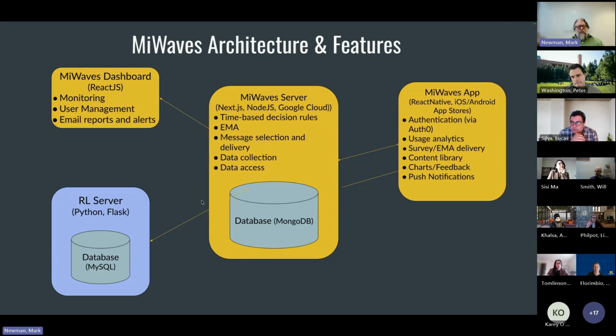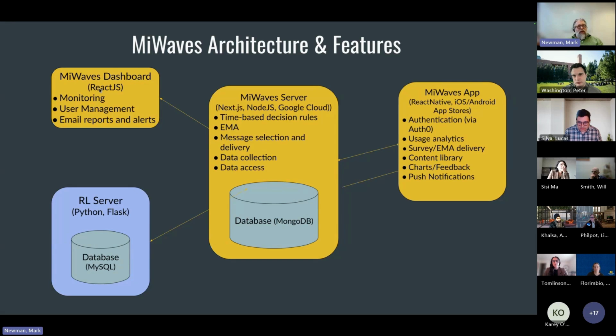Full stack meaning that it's both the backend, so the database and the server that manages the database, and the client, in this case the MyWaves app, that was built using React Native and distributed via the iOS and Android app stores to the participants.